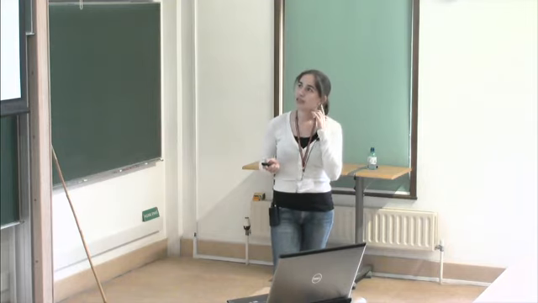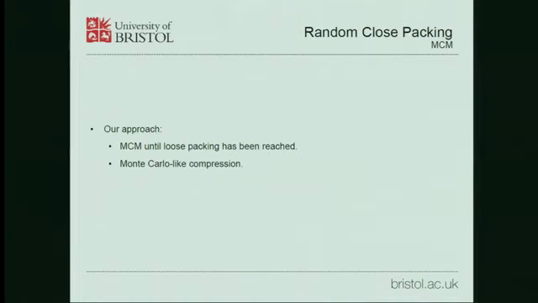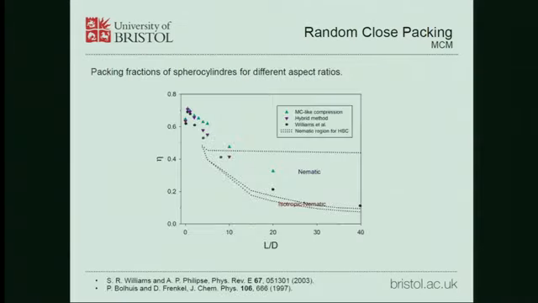So we did this for 3 different packing fractions, and then we decided to do our own approach. So we did kind of a hybrid model. We used first the mechanical contraction method, and then we used the one that we used before, the Monte Carlo-like conversion. And what we got are these purple points.